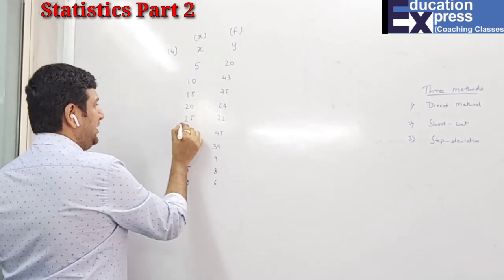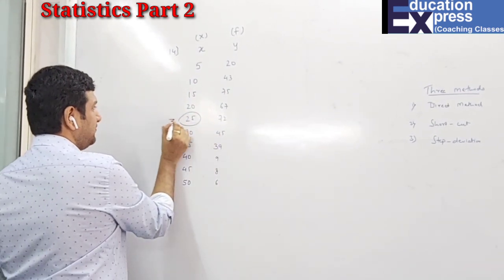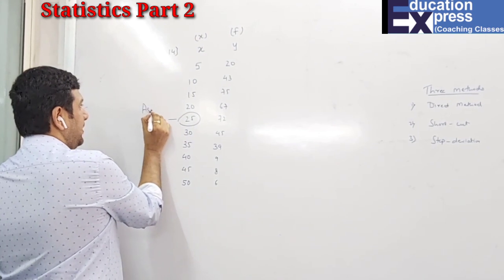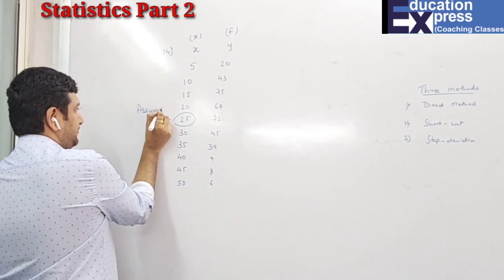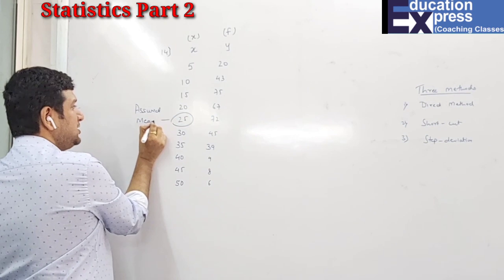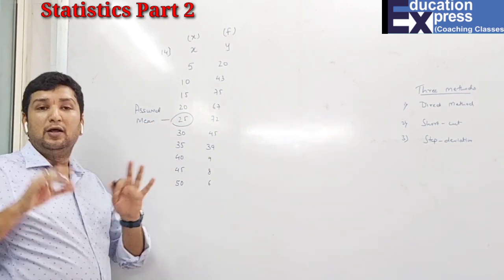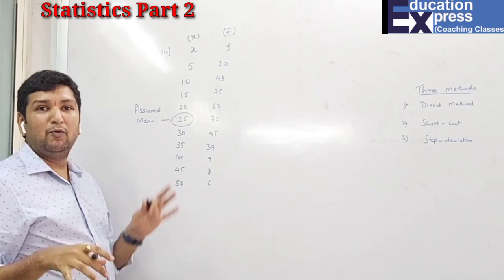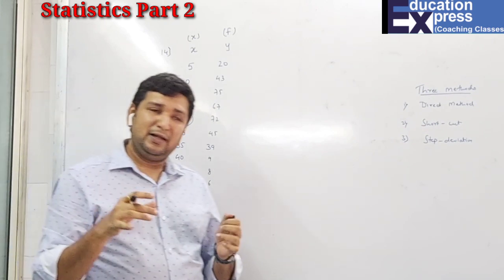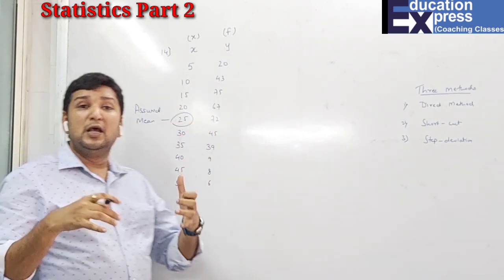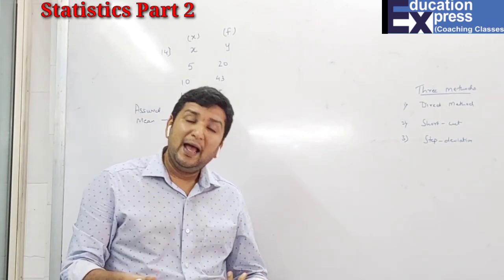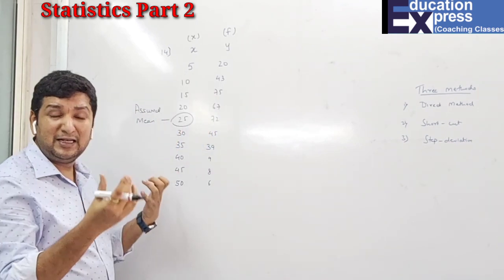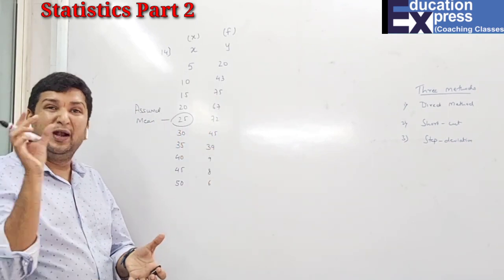So I will take my assumed mean as 25. We are just assuming from the center, because the assumed mean is an average, and the average of everything is the mid value.